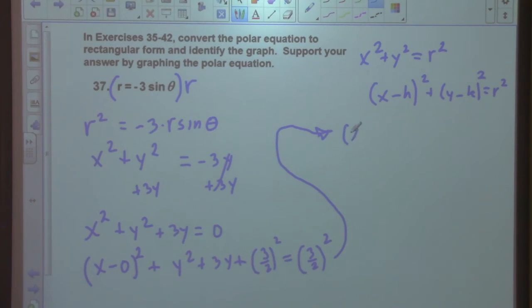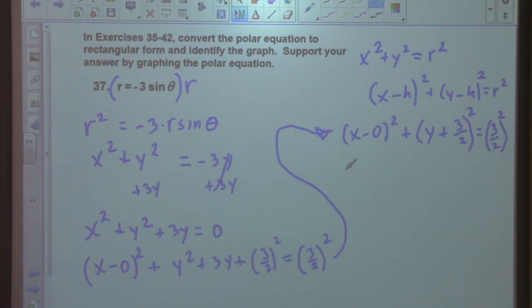So we have x minus 0 squared plus, what goes in for y? Well, it's going to be y plus 3/2 squared. And that's going to be equal to, on the right side, 3/2 squared. And so, I'm not sure you can visualize with it. So k is going to have to be negative 3/2.